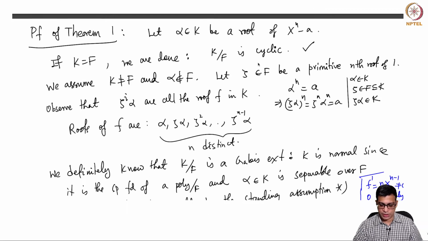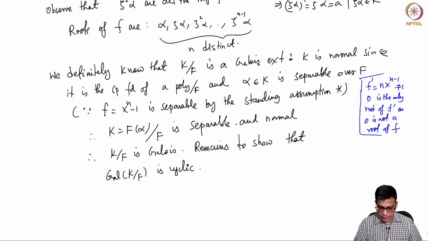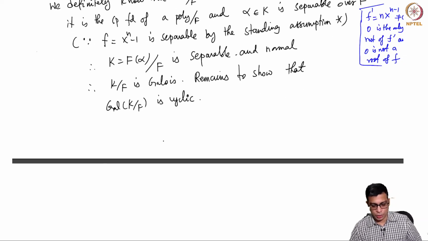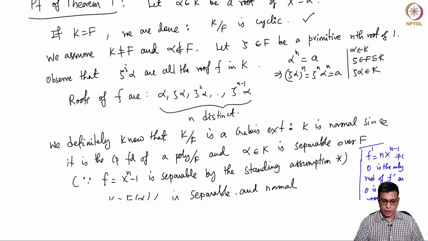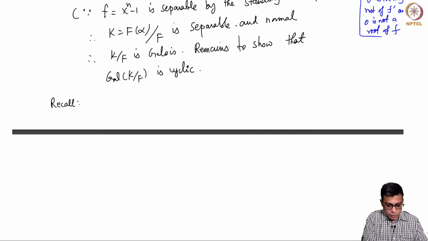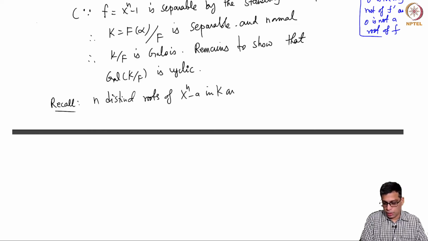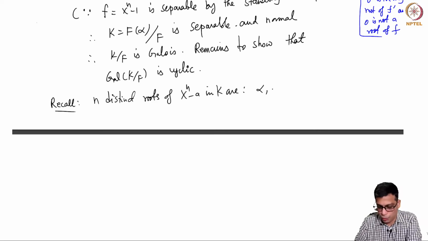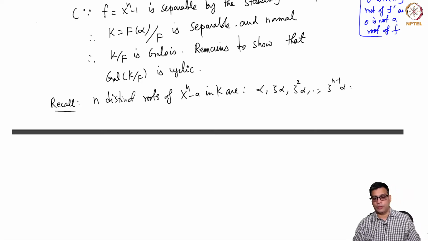So, we started with the Kummer extension. We argued last time that it is definitely Galois. Now, we are going to show that its Galois group is cyclic. I also told you to recall the n distinct roots of x to the n minus a in k: you pick any root that you want first, then you take that root times the primitive roots of unity that exist in k.